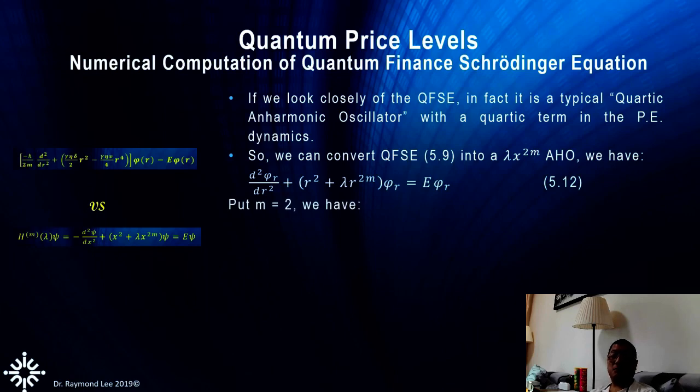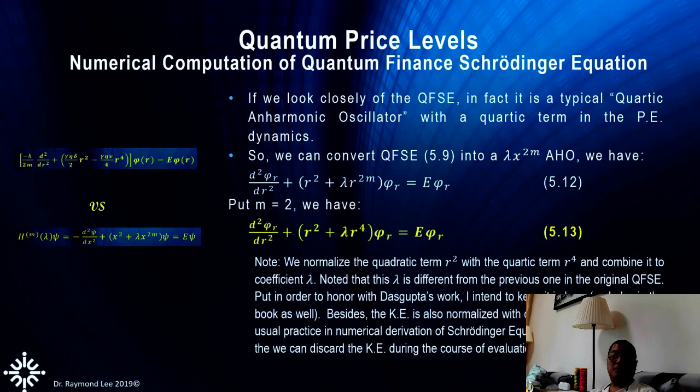We set m to 2, and the whole problem falls into that category and can be solved by their solution. If we normalize the quadratic term R2, we put the R4 term with a coefficient lambda. This lambda is different from the previous one, but to make it simple to understand I call it lambda, although they are different. Besides, the KE part is also normalized with its coefficient set to 1.